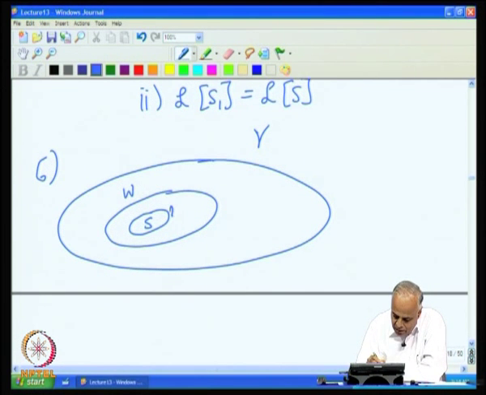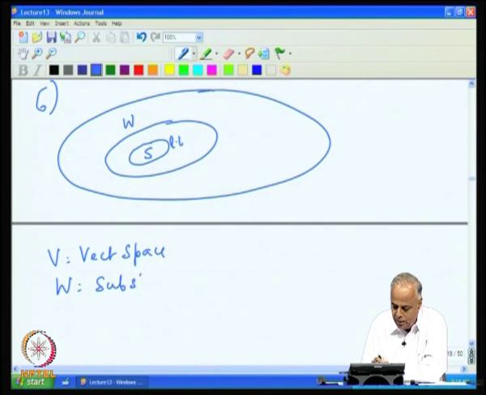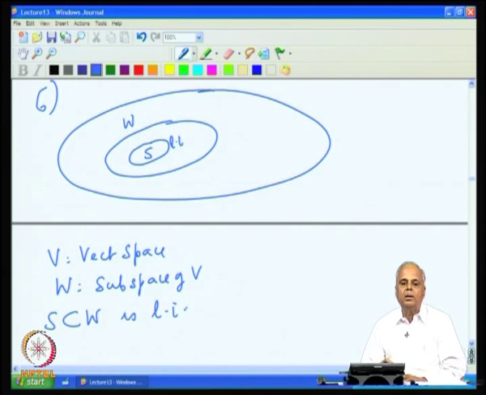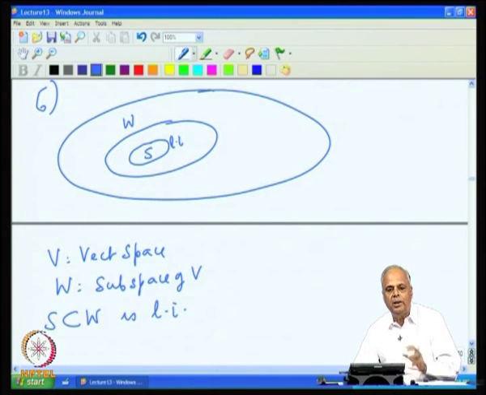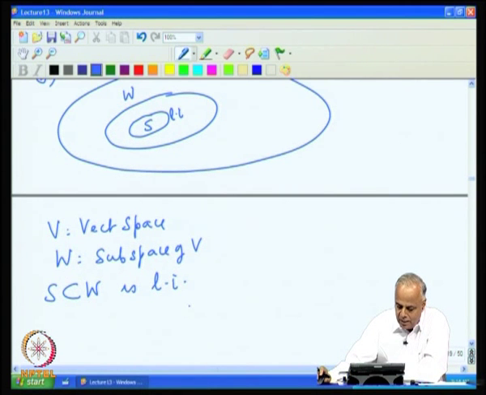So we have V a vector space, W a subspace of V, and S contained in W is linearly independent. So, we have considered a subspace of V inside which we have a linearly independent set.